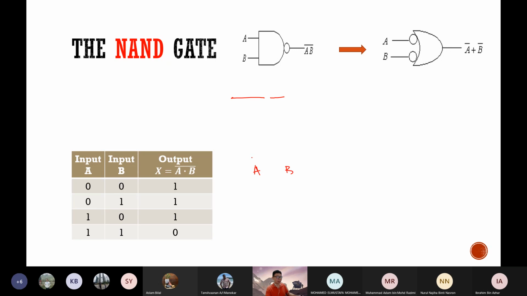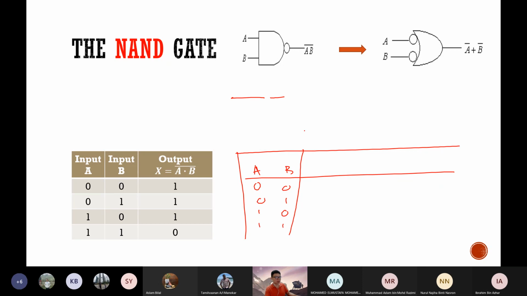So I have A and I have B, and so I have 0, 0, 0, 1, 0, 1. So this is the truth table for the negative OR gate.